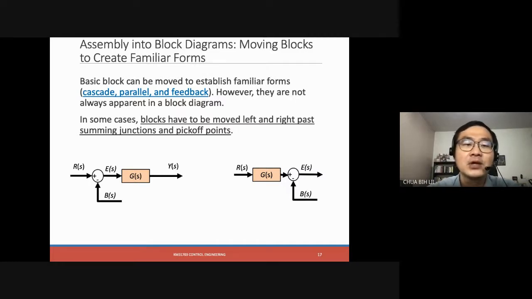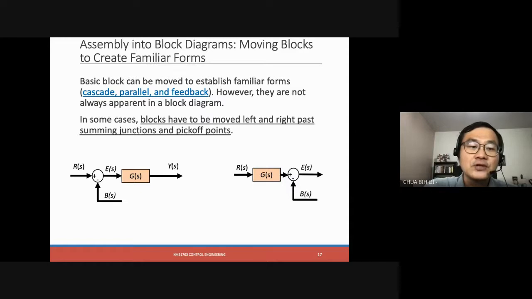It may require us to move certain blocks before or after certain points, so that you can form the familiar forms, like the cascade, the parallel forms, or the closed loop form itself.